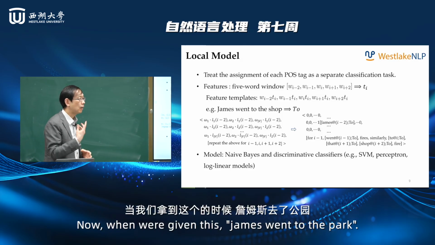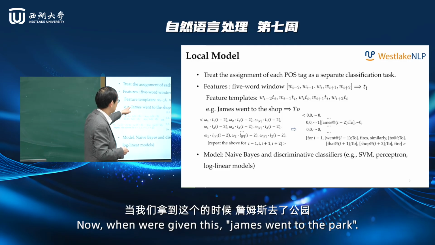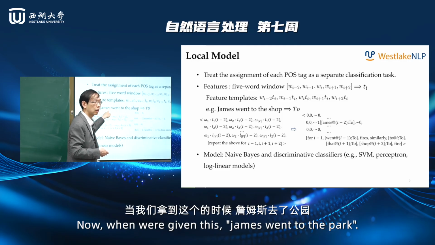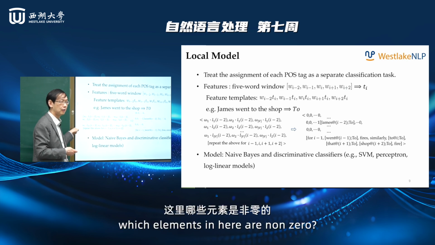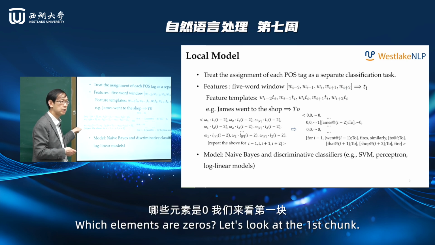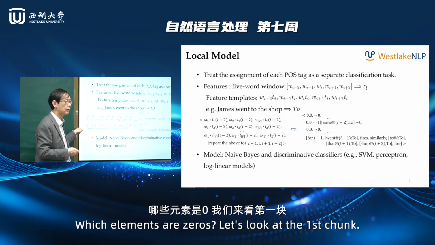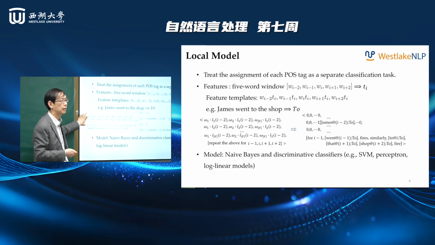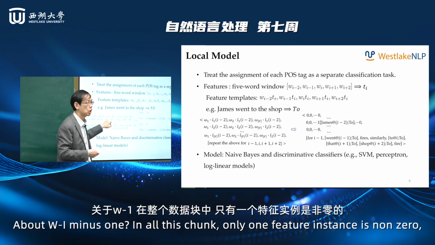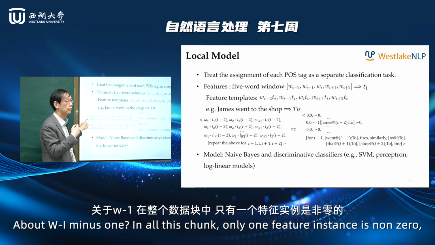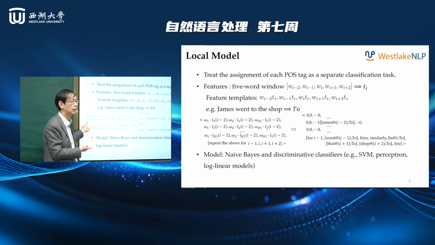Now, when we're given "James went to the park," which elements in here are non-zero? Which elements are zeros? Let's look at the first chunk, about W_{i-2}. In all these chunks, only one feature instance is non-zero, right?